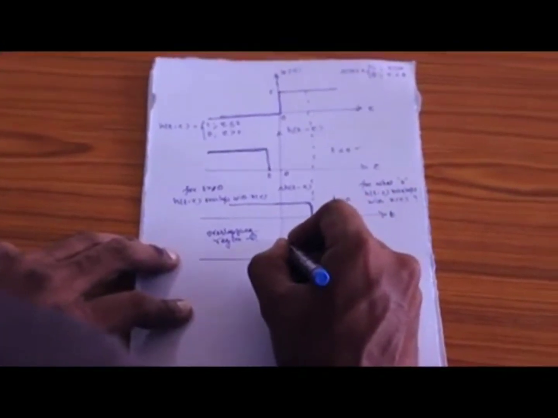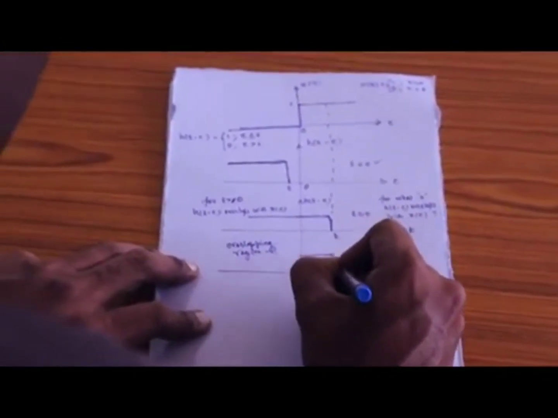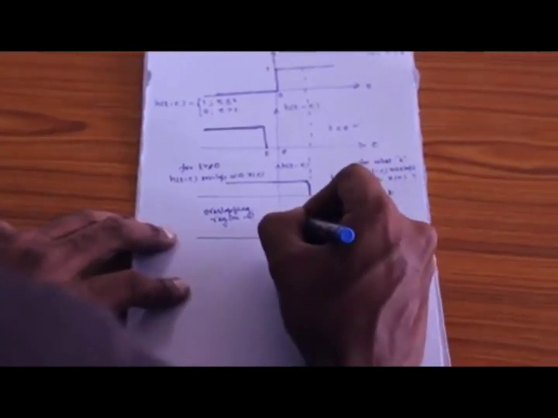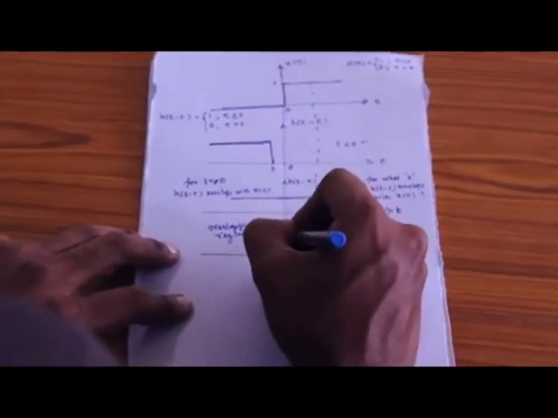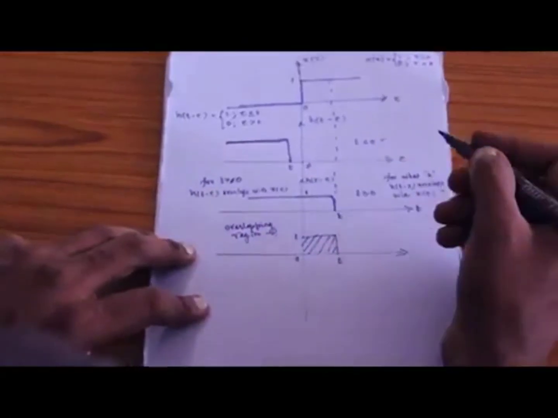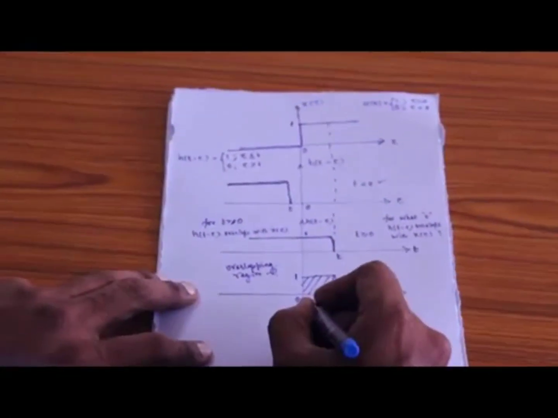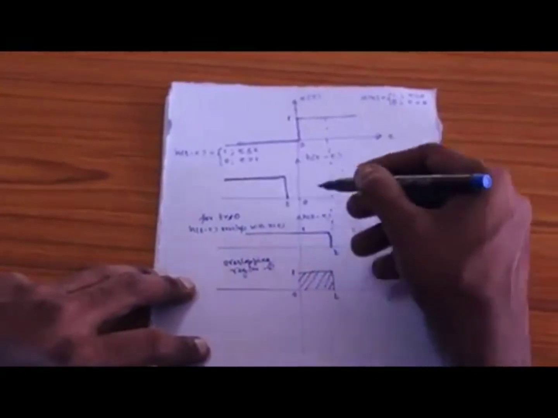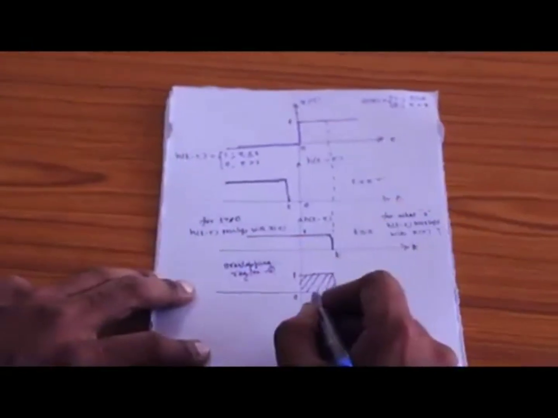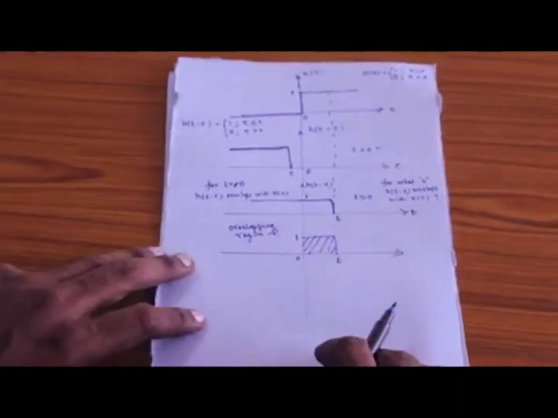So this is my final overlapping region. The amplitude is 1 here. So h of t minus tau and x of tau overlap within the region 0 to t.